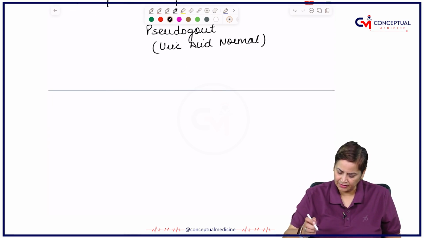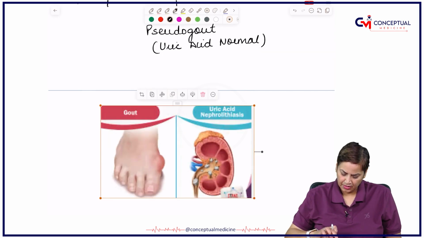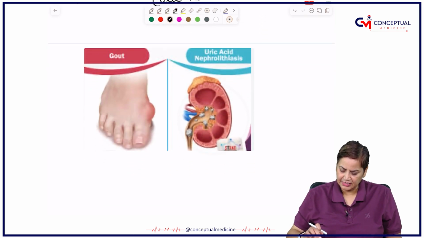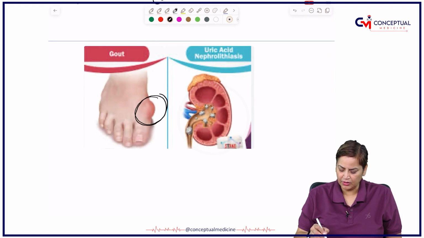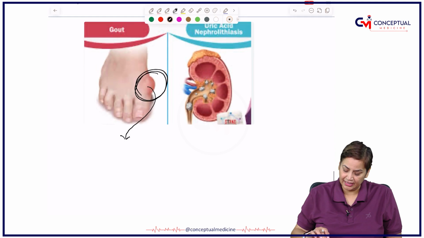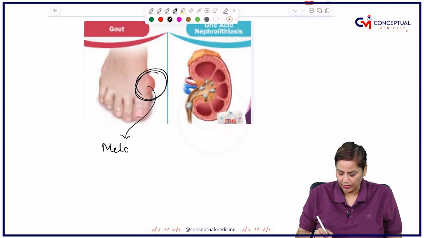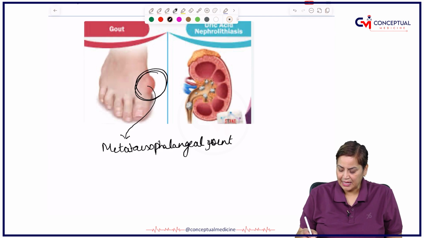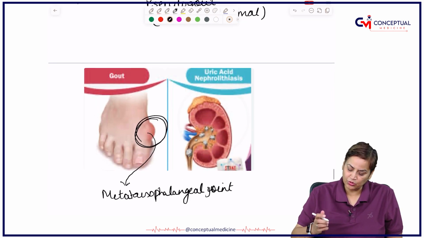I'll just show you the picture. You can see that this is the indication of gout. There is deposition, there is swelling in the metatarsophalangeal joint. And alcohol also contributes to this.